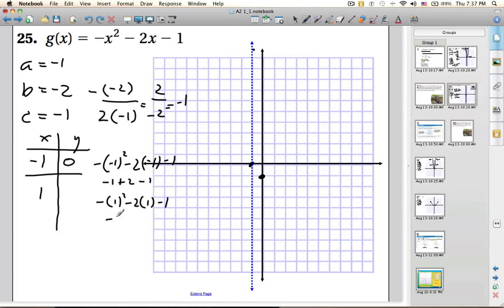The opposite of 1 is -1. Minus 2 minus 1, and this is going to be -4. So over at 1 I'll be at -1, 2, 3, 4. Again, using symmetry, I'm 1 away from the axis of symmetry at -1, so I do the same on the left-hand side. 2 to the right, I'm at -4. 2 to the left, I'll be at -4, and this is my parabola.